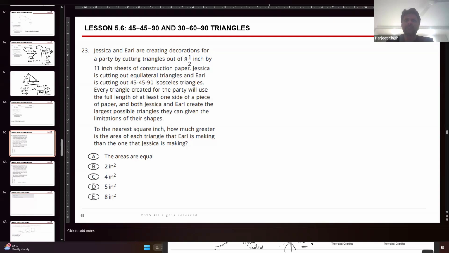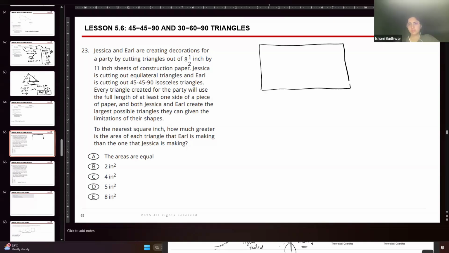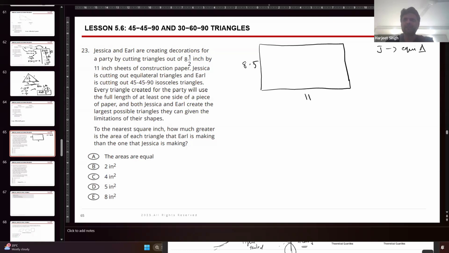So clearly, the construction paper is a rectangle with 8.5 and 11 as the sides. Now Jessica is cutting out equilateral triangle. So Jessica is for equilateral, and Earl is doing 45, 45, 90, which means right angled isosceles triangle.